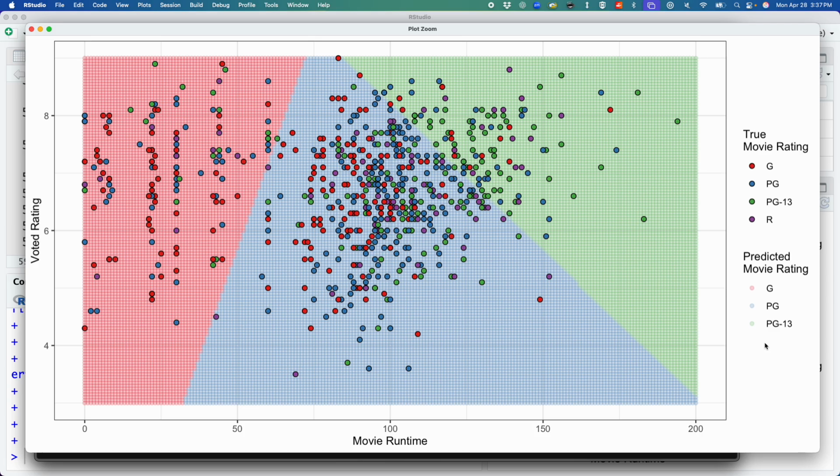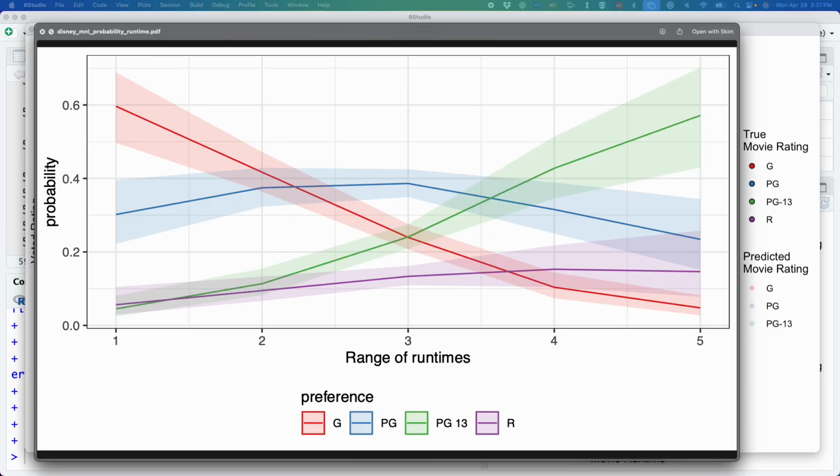I can also do the same thing holding this fixed and looking across that way, and that would look like this. And so this is the movie rating getting held fixed across a range of runtimes. The scale is transformed, but this is the full range.